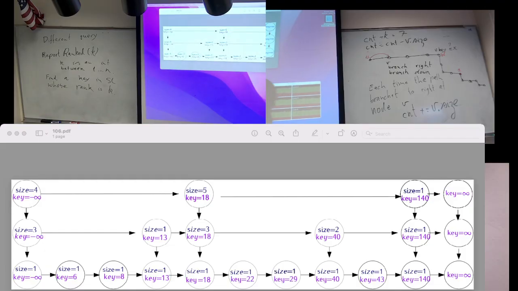Again, you'll figure out the details. It doesn't change the big O of the insert and delete, and of the file by itself, and it's very convenient for many, many other operations. So this augmentation is a really useful trick.